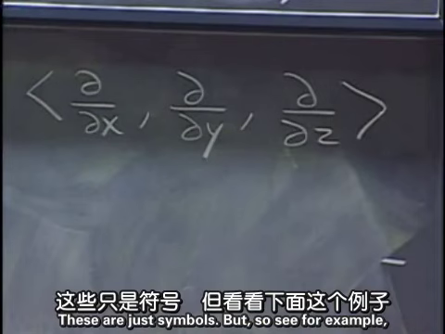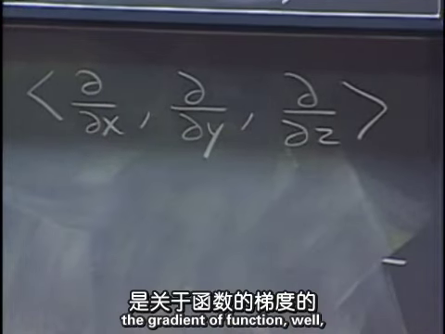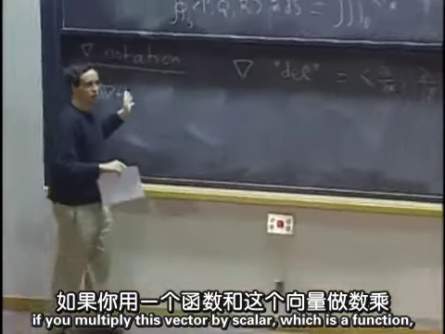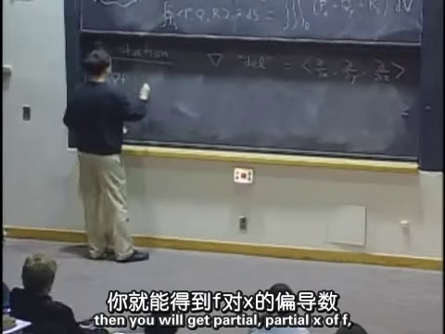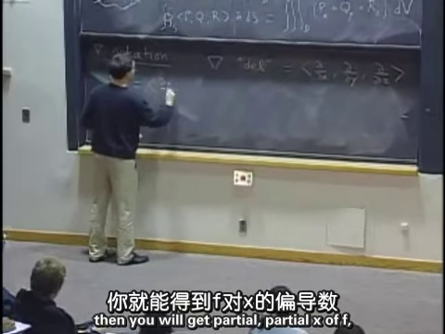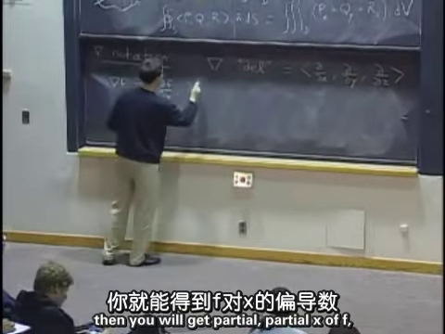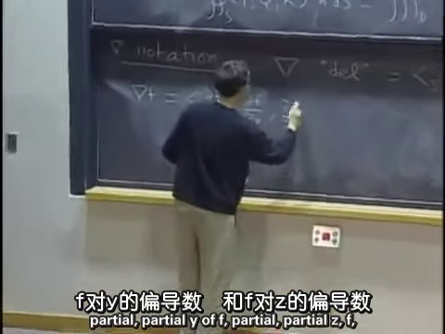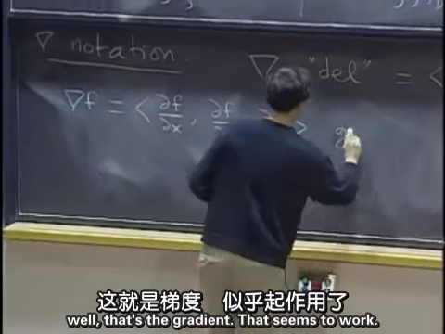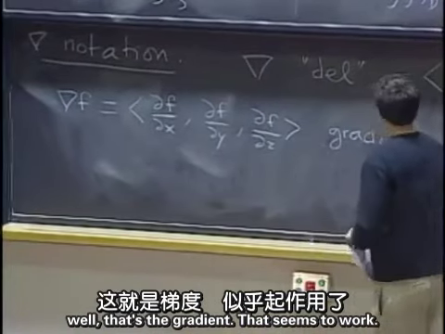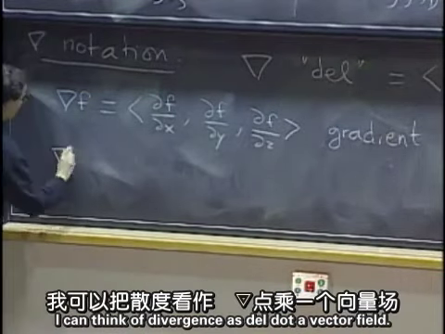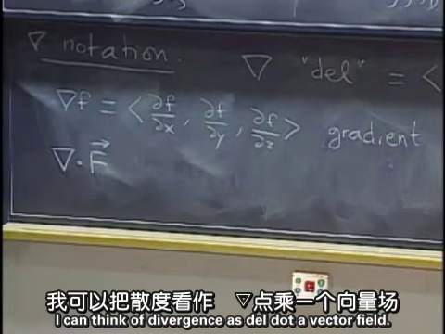So see, for example, the gradient of a function: if you multiply this vector by a scalar, which is a function, then you'll get partial x of f, partial y of f, partial z of f. Well, that's the gradient. That seems to work. And so now the interesting thing about divergence is I can think of divergence as del dot a vector field.